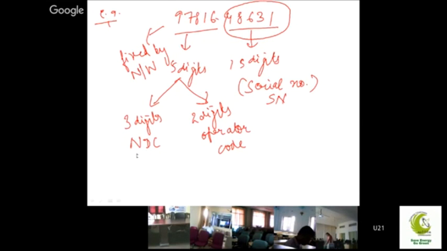Three digits are the national destination code, and this is the operator code. These are the standards fixed by the different networks, the different operators working in India. So this is the main reason behind that.